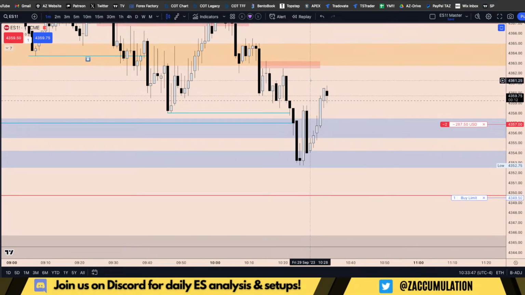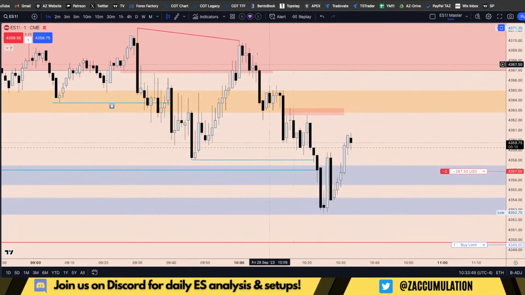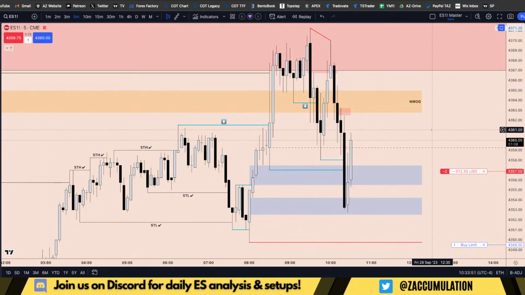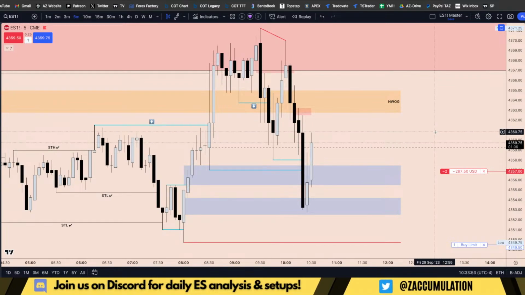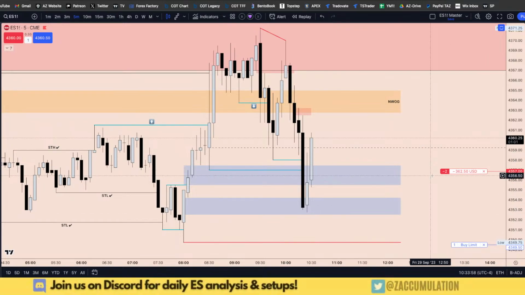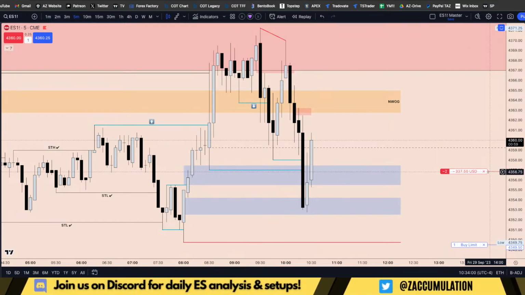A new break in structure. No, I'm not a fan of this short right now, but we're already in. Let's see, if we close back above the 8:30, I'm going to cancel this position.